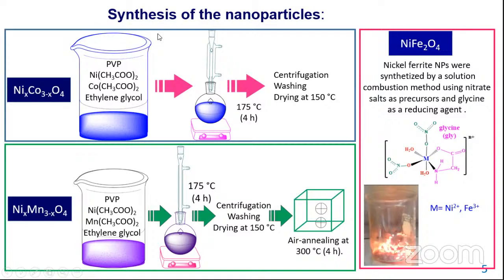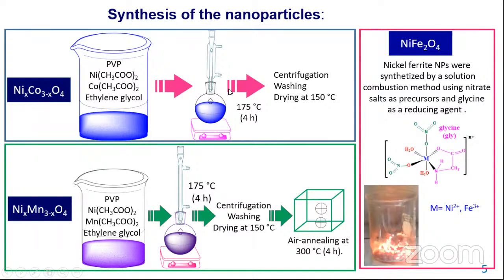The first two oxides we prepared by glycol-mediated chemical synthesis, where we used ethylene glycol as solvent, acetate precursors of nickel and cobalt, and PVP, polyvinyl pyrrolidone, as structure directing or stabilizing agent. We mixed these precursors, solvent and stabilizer, and heated them in a round bottom flask at 170 degrees centigrade for 4 hours.